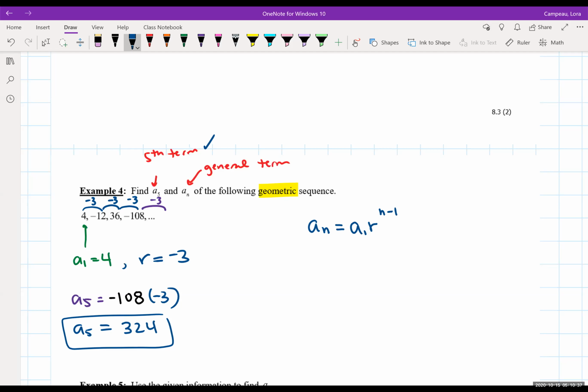So if we're going to find the general term, we know the value of a sub 1, which is 4, and r is negative 3. So we'll take negative 3 to the n minus 1 power. n we don't know what it is, n minus 1. And we do have the general term.